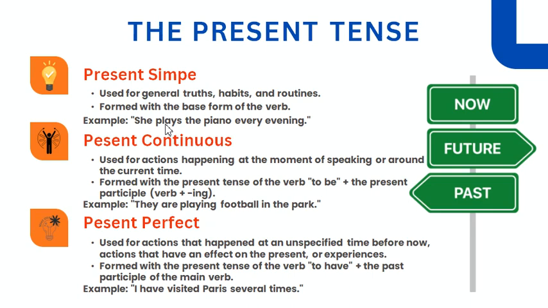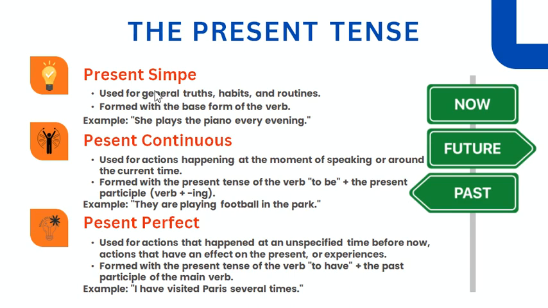Played is past, but play is present. Words like play, run, eat, jump, work, study, and sleep all have a base form, and we call them the simple form or present form of the verb. So you can simply use this present form, and you get a present simple tense.